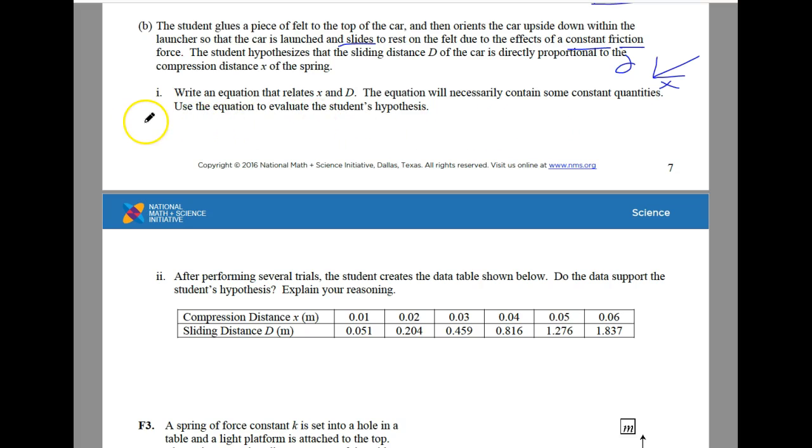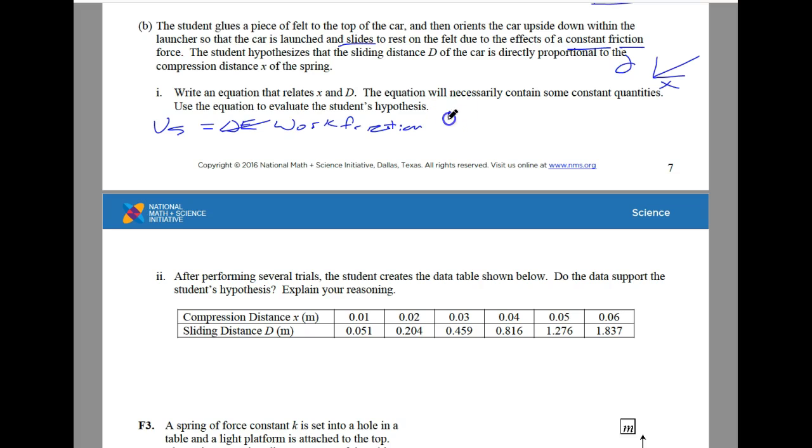So your equation here could be in three forms. We know that on one side we've got to have the energy of the spring, and the other is the change in the energy, or better yet, the work done by friction. So I'll write that, work done by friction.